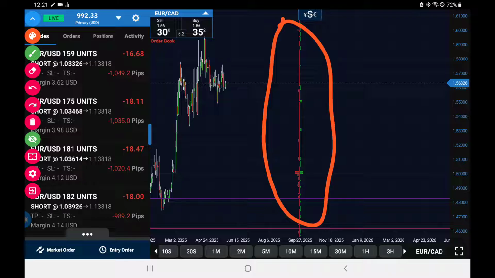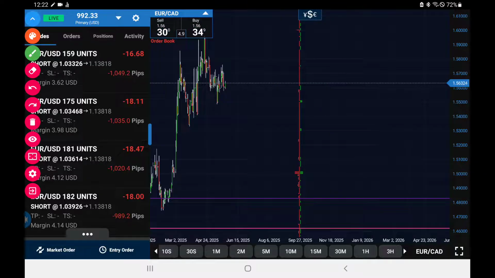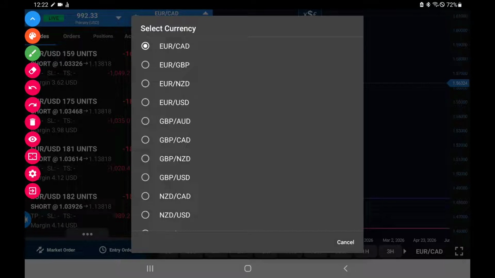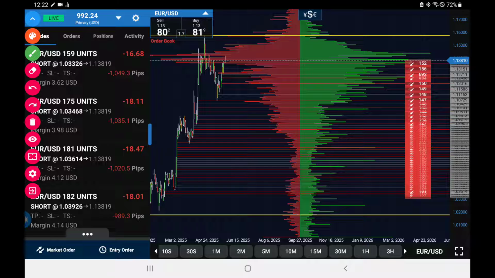So let's see what a market looks like that has high liquidity, high volume. And that is, of course, one of the highest, really, Euro USD. This market is insane.